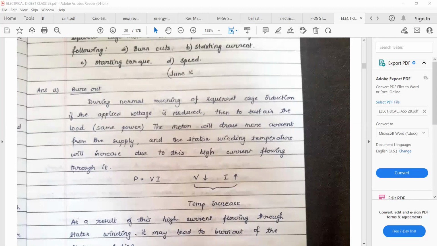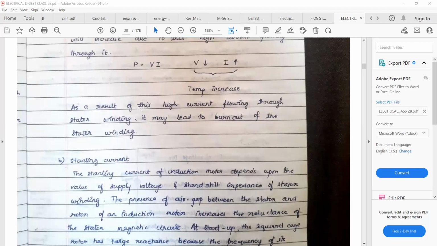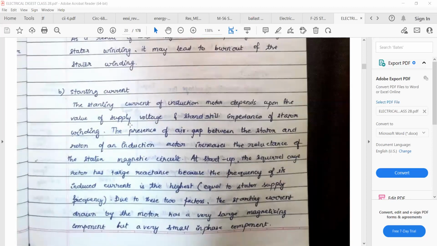Due to this, high current will be flowing through the motor as the power is equal to VI. So if V is reducing, I will be increasing. That means there will be a temperature increase. As a result of this high current flowing through the stator winding, it may lead to burnout of the stator winding.